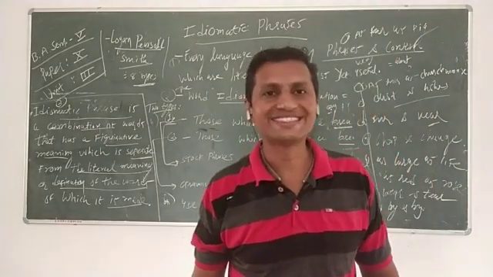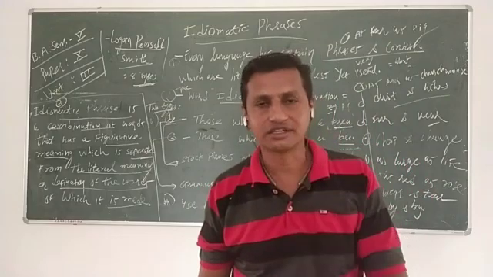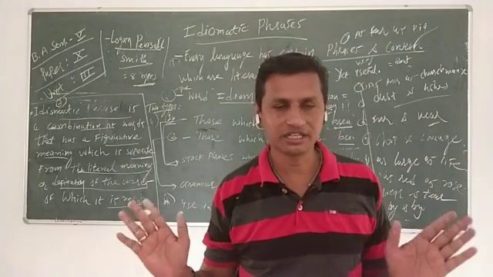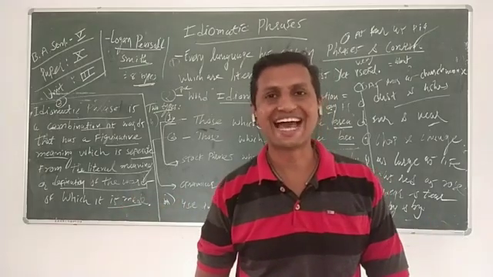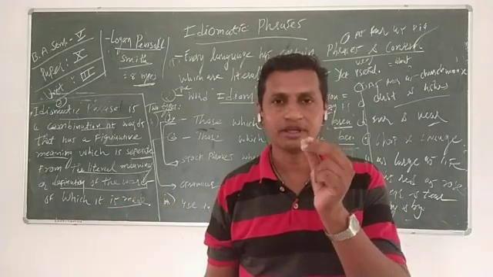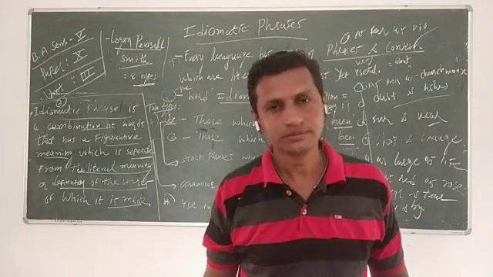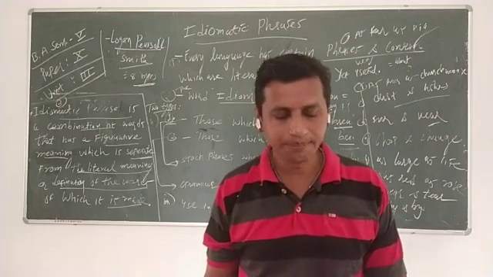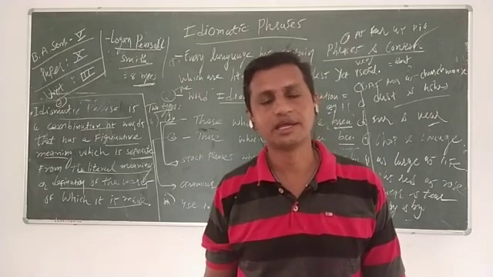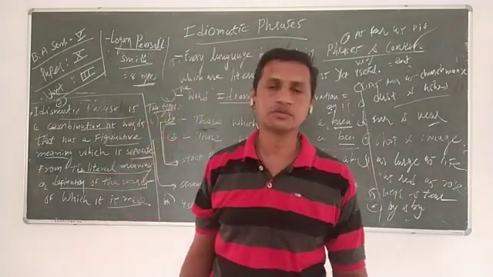As thin as a rake. As hungry as a hunter. Hunter is shikari, hungry hunter. As merry as a lark. Merry means joyful. And Ode to a Skylark written by Shelley. And that's as happy as a sandboy. As happy as a sandboy. I have provided the printed material too in the group.